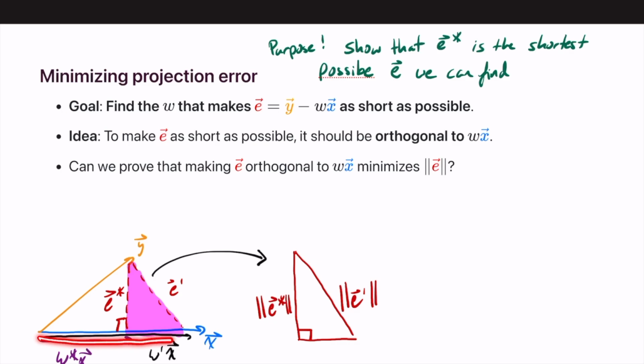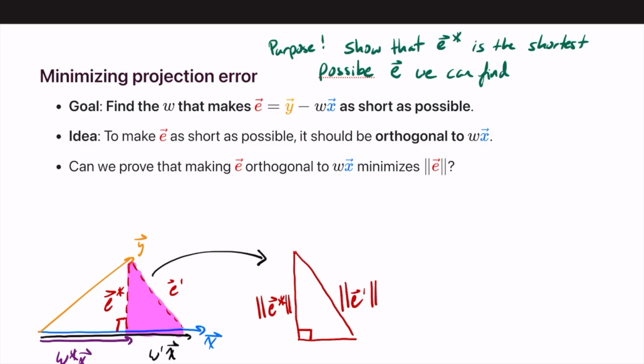And if we look down here, we know that this total distance from the origin, so from the origin all the way to W prime X, is one length. And we know that where W star goes is where we have E star projecting onto X. So where this 90 degree angle happens is as far as W star goes. So in order to get this length, we can just take W prime and subtract W star from it. So let's go ahead and write that as well.